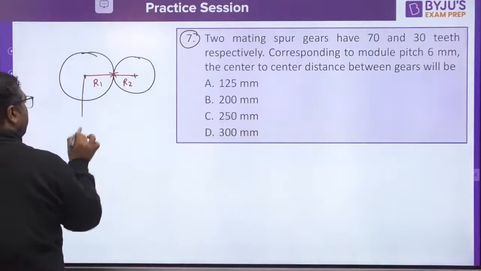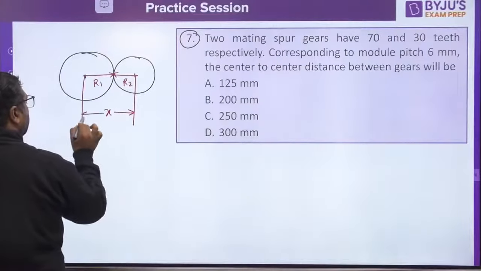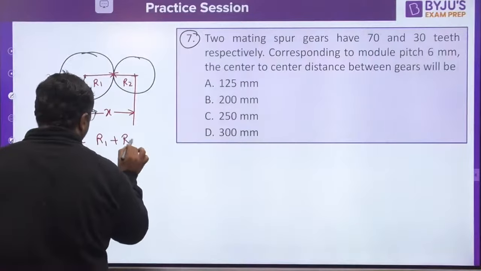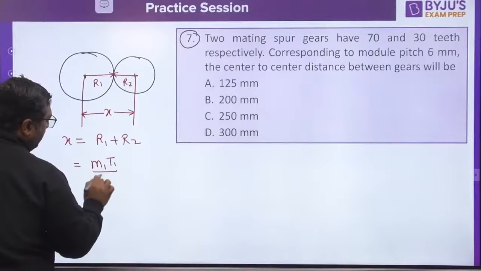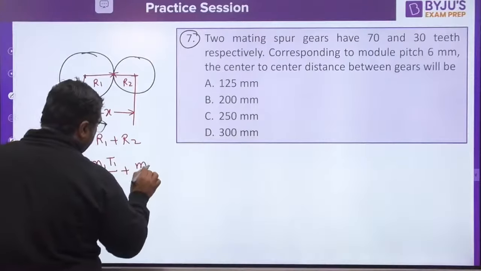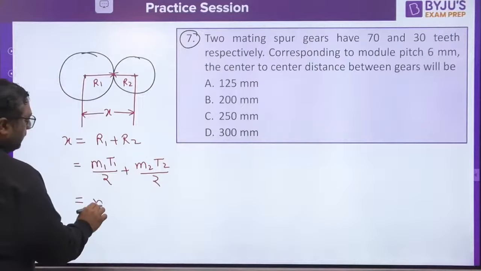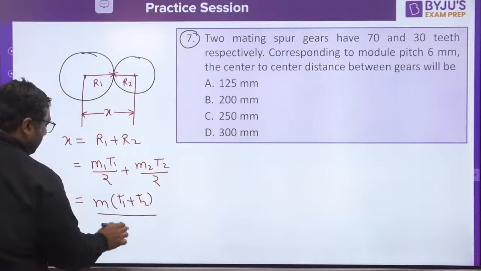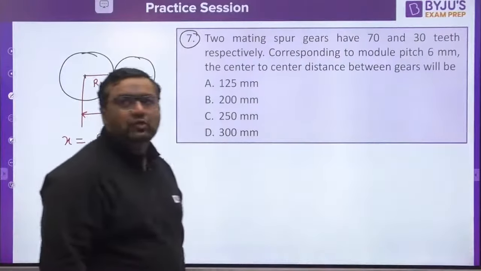So this is the center distance. It is R1 plus R2. So it would be M1 T1 by 2 plus M2 T2 by 2. You know module would be same. I have written the formula, you just need to find out the answer.